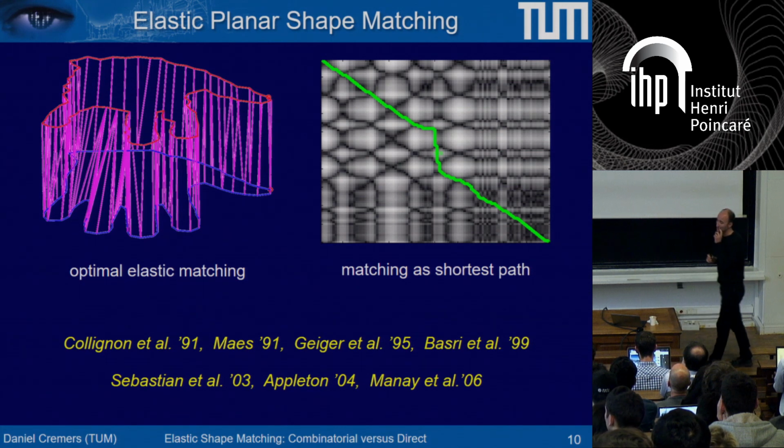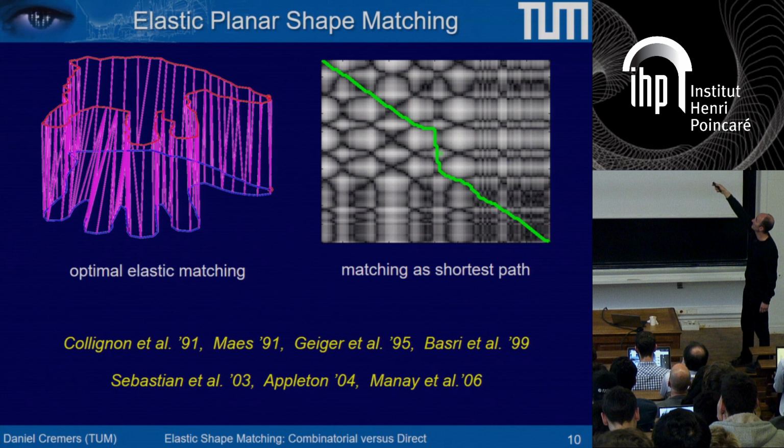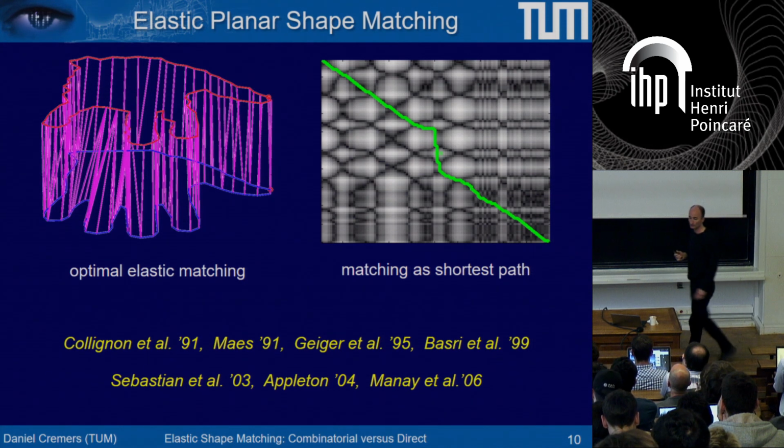And the way you can see that is you essentially identify, maybe by hand, an initial correspondence, say this point matches to this point, and then you can basically compute the overall matching as a shortest path, where you can see these are the points along one shape, these the points along the other, and what you have here in the graph, in this 2D space, is, for example, the local curvature similarity of the two shapes.